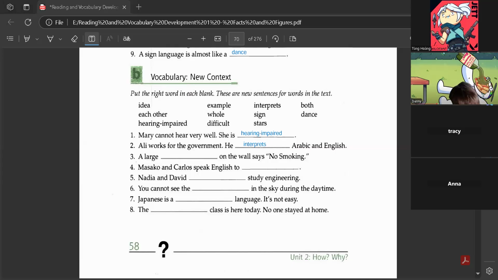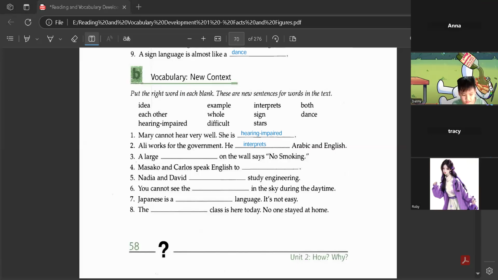Okay, number 3. Let's invite Ruby. A large sign on the wall says no smoking.